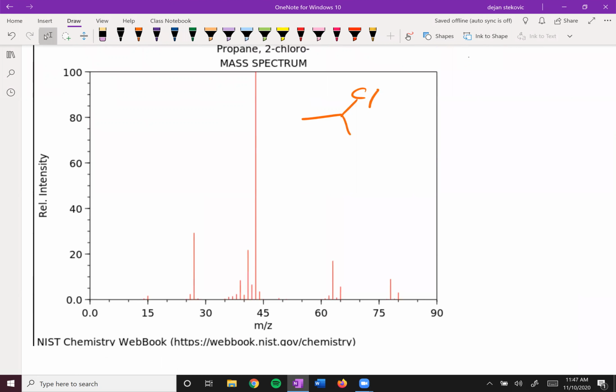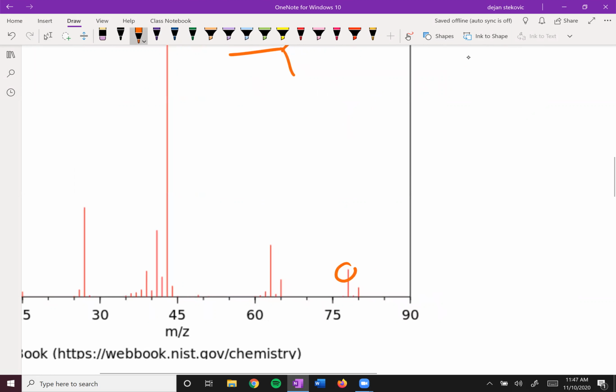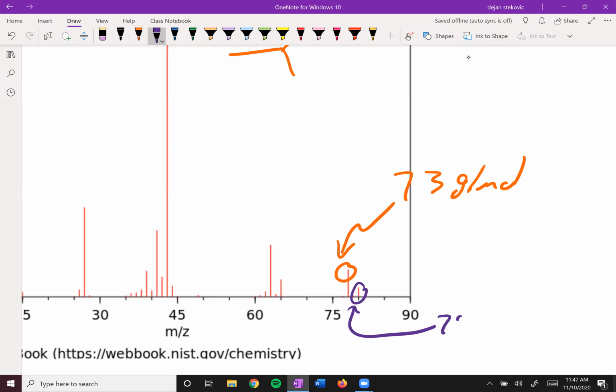And so let's take a look at what it has, right? You notice these are the biggest peaks over here, and we have one over here at 73 grams per mole, and then another one that's 2 away, at 75 grams per mole. And you can see they have this approximately 3-to-1 ratio. So this is indicative of a chlorine.